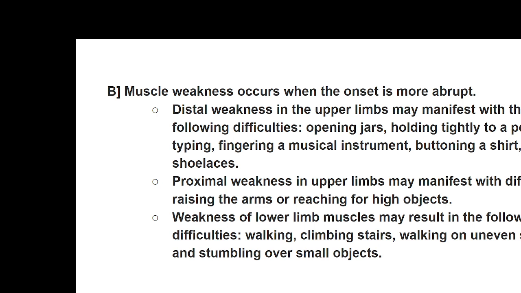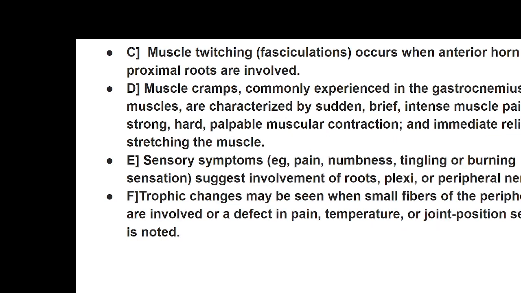Then weakness of the lower limb muscles results in difficulty in walking, climbing stairs, or walking on uneven surfaces, and stumbling over small objects. So symptoms may present in a progressive fashion, where initially the smaller muscles are involved and then the bigger muscles, and that could be another presentation.